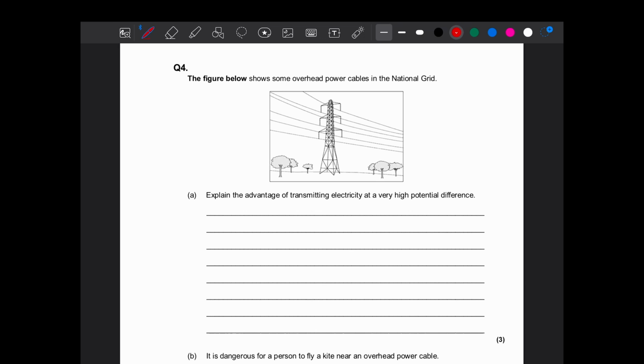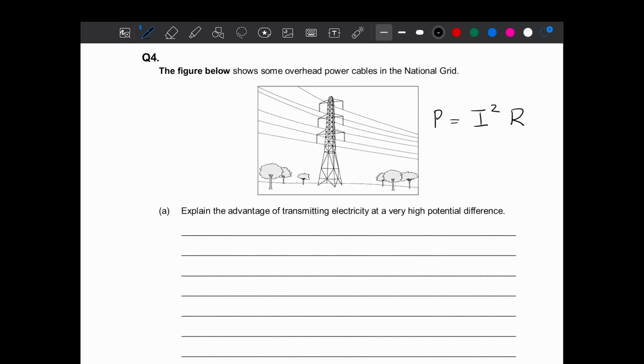And it links back to this equation in the formula sheet. Power is equal to I squared R. Now, there are many different equations for power, but this is the one that we're using here because it conveniently links power to the resistance of the cables in the national grid to the current flowing through those cables.